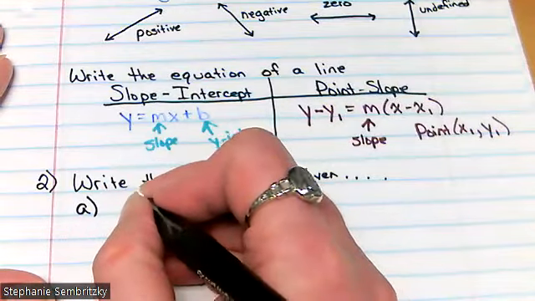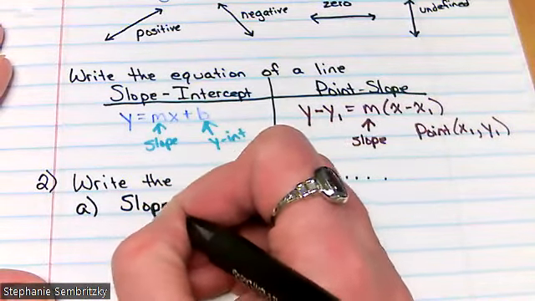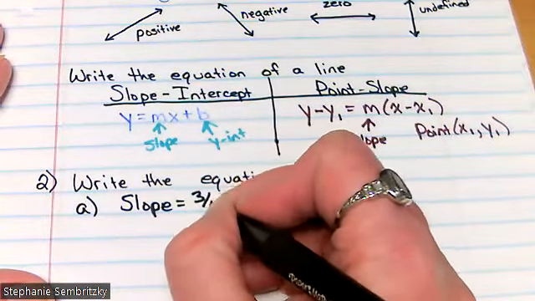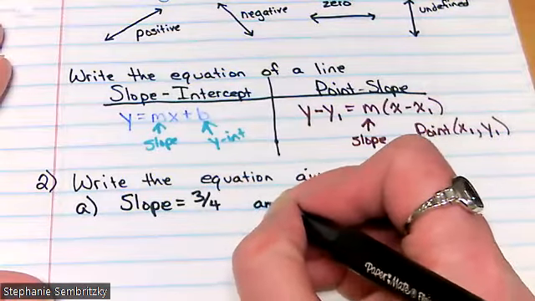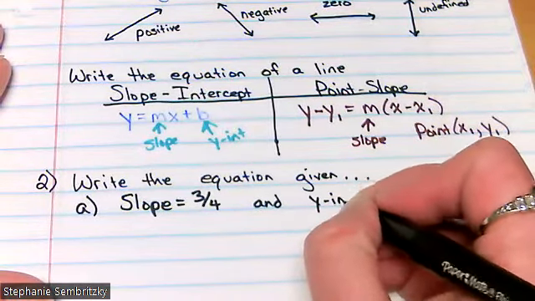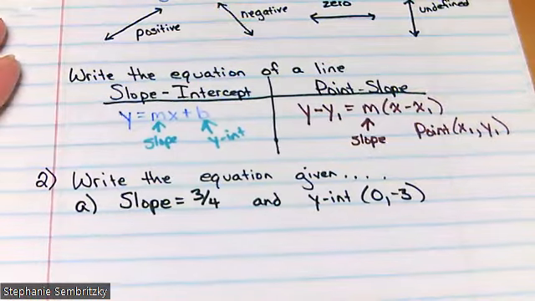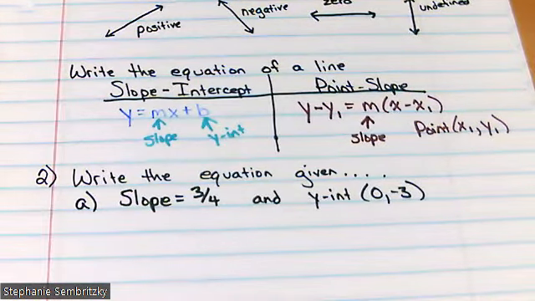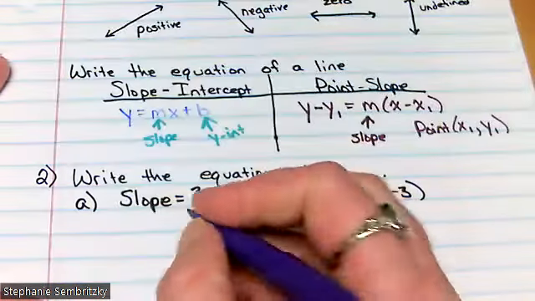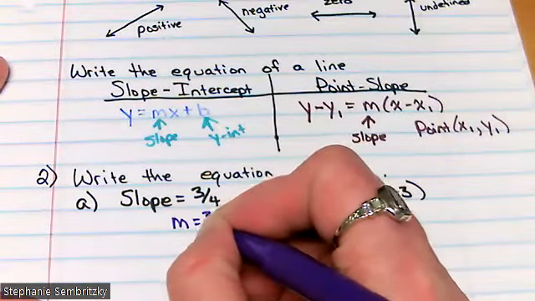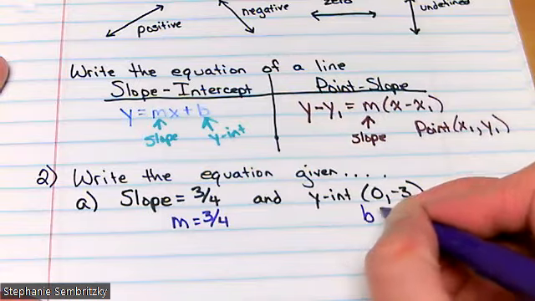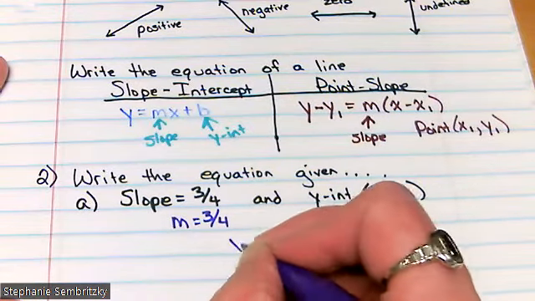So what if I'm given slope of 3/4 and y-intercept 0, -3? Well, if I'm given the slope and the y-intercept, I know exactly what I'm going to use. I'm going to use slope-intercept. So this is my m, and b would be -3. That's super easy.